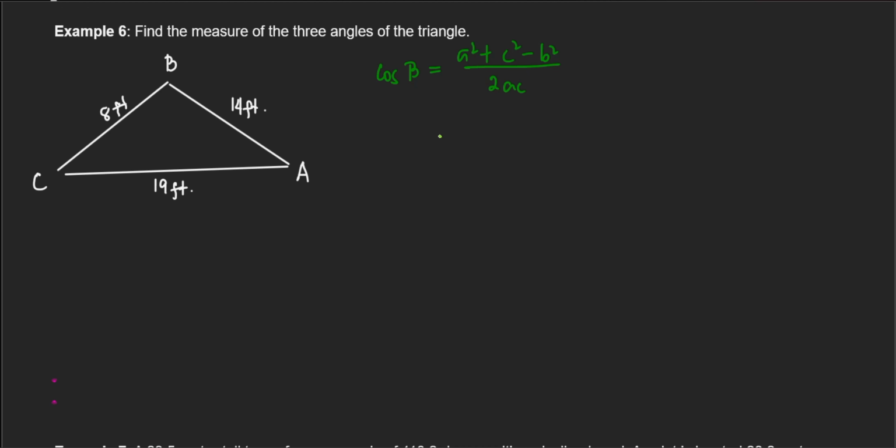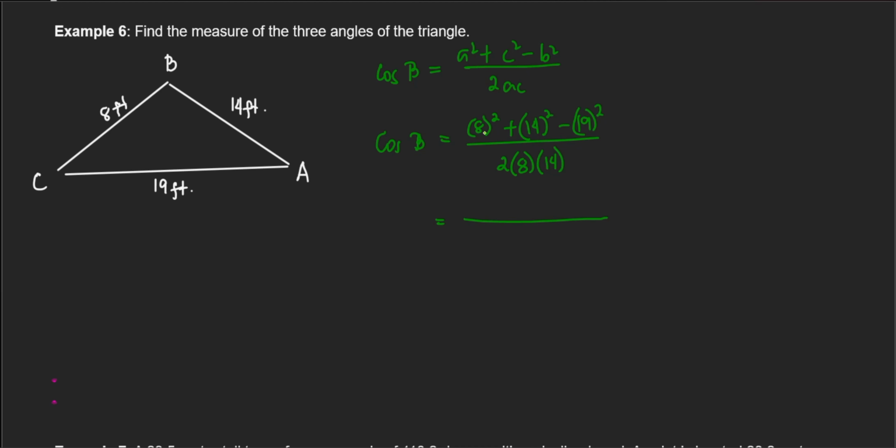Okay? So, we have A natin that is 8, squared, plus yung C natin that is 14 squared, minus our B that is 19 squared, over 2 times A that is 8, multiplied to C that is 14. So, cos B. Now, calculate yung nasa numerator natin.